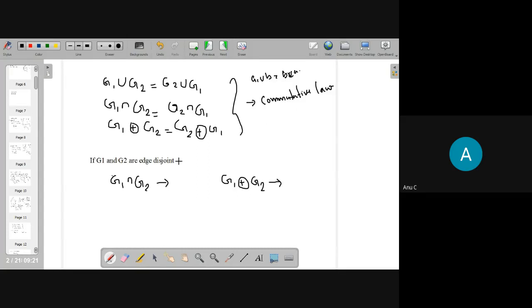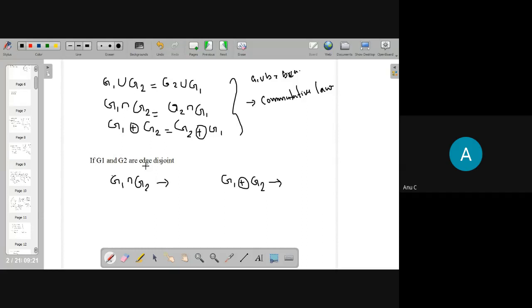The next one, if G1 and G2 are edge disjoint, then what do you mean by edge disjoint? കോമൺ എഡ്ജ് ഇല്ലെങ്കിലല്ലേ?